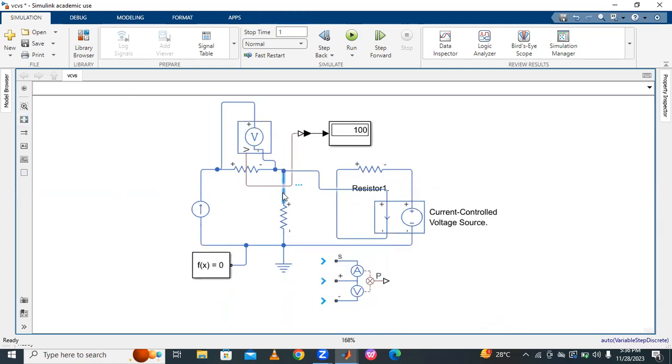And here, what is this resistor branch terminal? Here I would like to find the current flow into this resistor, and also I would like to measure the voltage, and then voltage times current is called power. So connect this terminal here. Current enters into the resistor, and connect the other current terminal here.